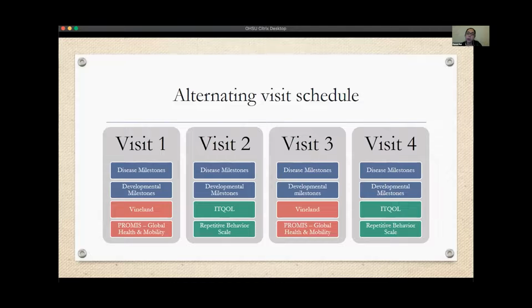But at visit 1, they do the Vineland and some of the PROMIS questions. Then at visit 2, they do the ITQOL and the repetitive behavior scale. And then at visit 3, they go back to the Vineland and the PROMIS, and it alternates back and forth. Since each visit is 6 months apart, we do get the full data set at least once a year.